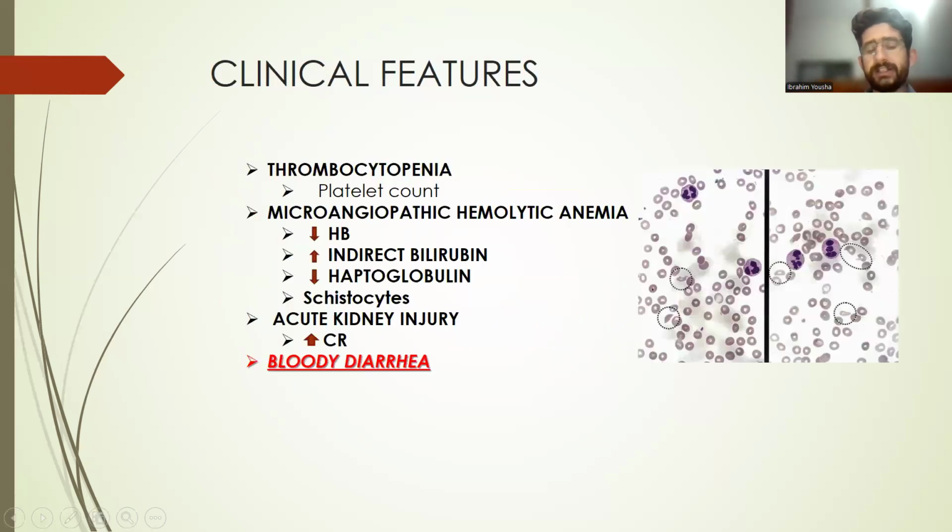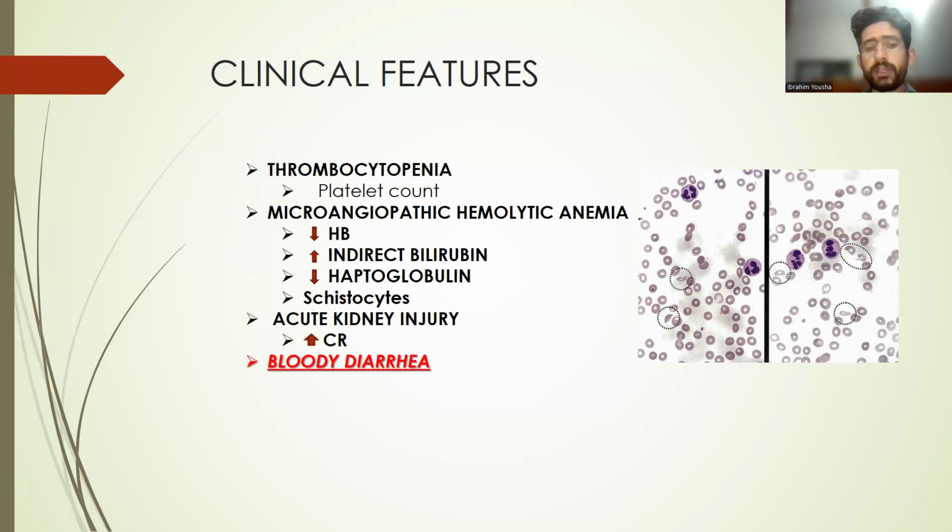So let's look at the clinical picture of hemolytic uremic syndrome. As it is a consumptive coagulopathy, we have thrombocytopenia. We also have microangiopathic hemolytic anemia. So what's the reason behind microangiopathic hemolytic anemia? It is mainly due to mechanical destruction of RBCs in the microvasculature.